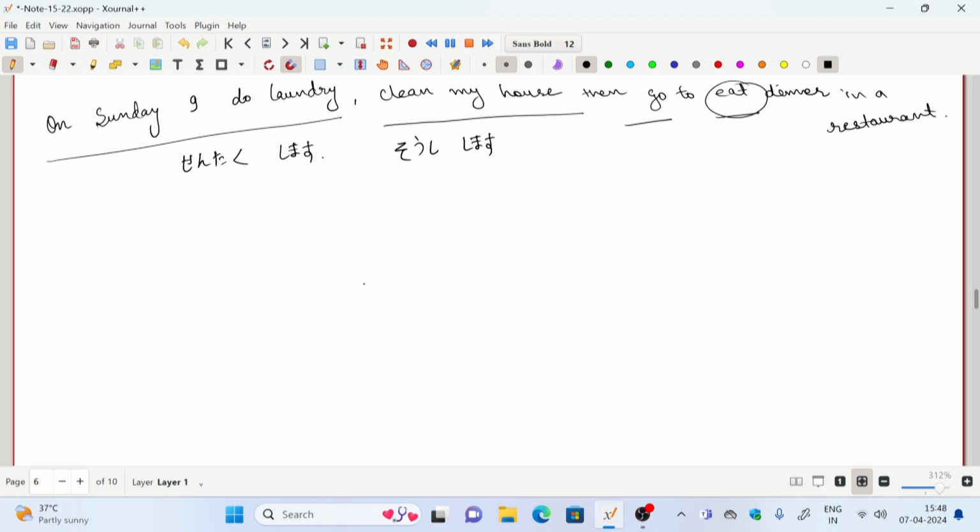We'll start with nichiyobi, Sunday. Nichiyobi ni, sentaku shite, soji o shite. We can put o or we can do without it. Soji o shite.